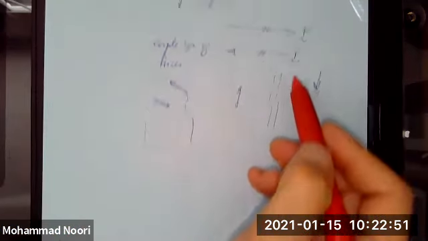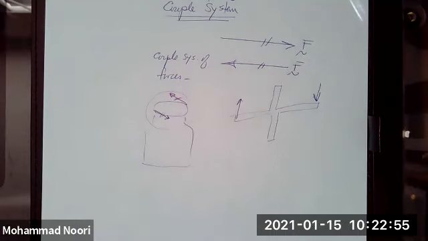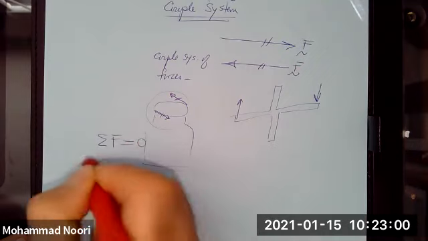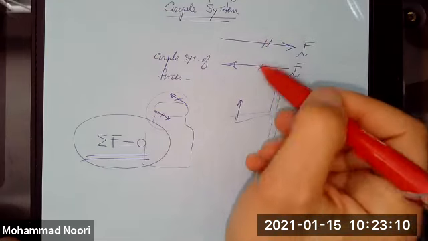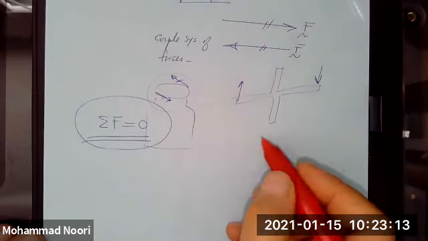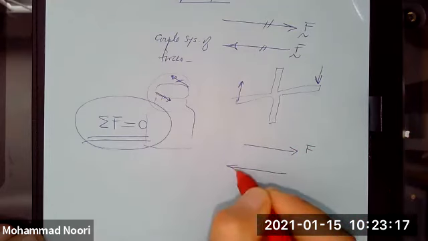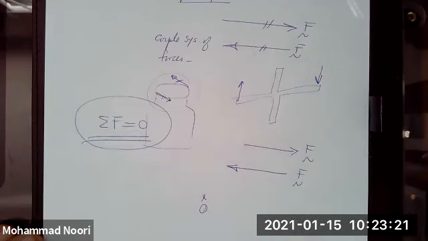Well, intuitively, first of all, we can immediately see that no matter what the coordinate system is, the sum of these forces is always zero. So what is the function of a coupled system? This is how we are going to observe that. If the sum is zero, how about the moment that these two forces generate about an arbitrary point?